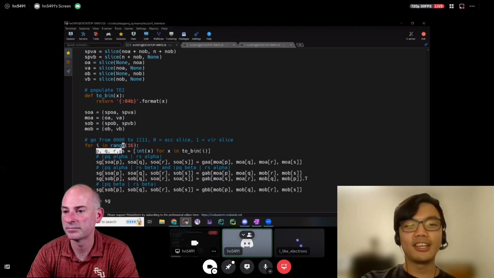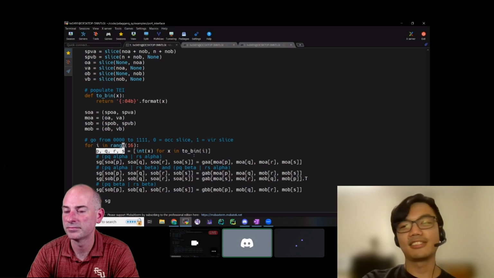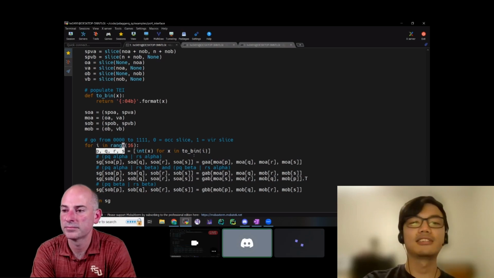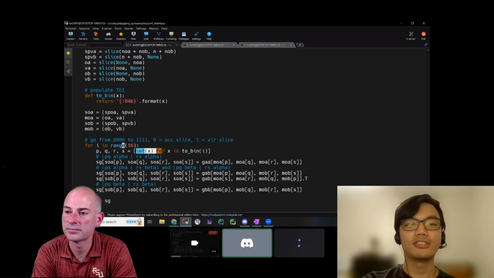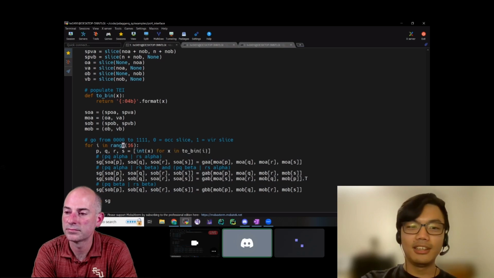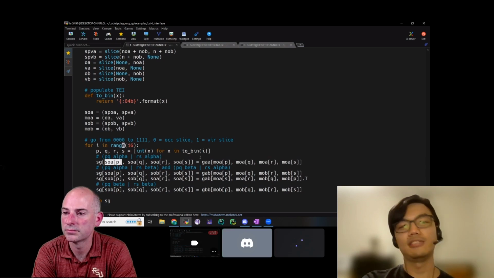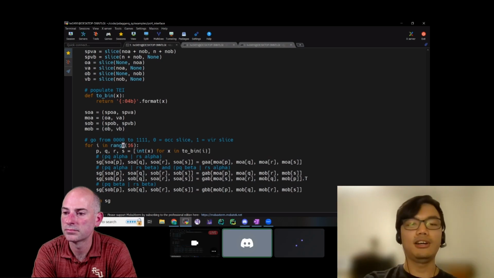Anyway, so now PQRS is just a bunch of zeros and ones, right? Because I use this fancy little generator, fancy for me, and then you just grab the proper slices from this mini tuple. It's either occupied or virtual, right? And you just assign the proper spin block to the larger object.